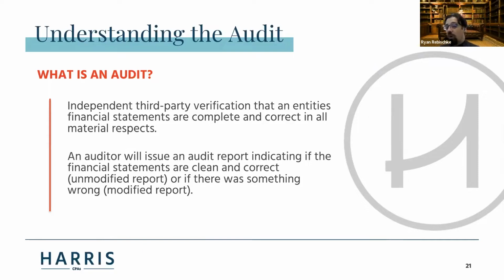Or if something is wrong, we'll issue a modified report. So these statements have been modified because something was wrong or we didn't have access to a certain kind of data. Again, pretty rare in the government sector, because normally there's enough safeguards already in place that if something is that wrong with financial statements, it gets caught sooner, but it can happen.